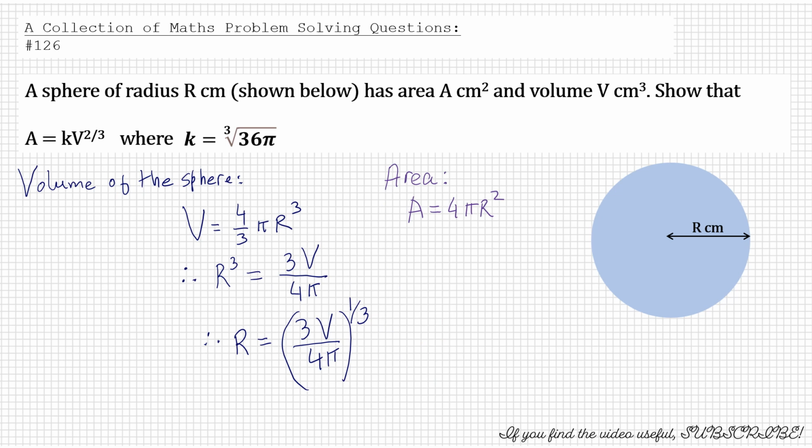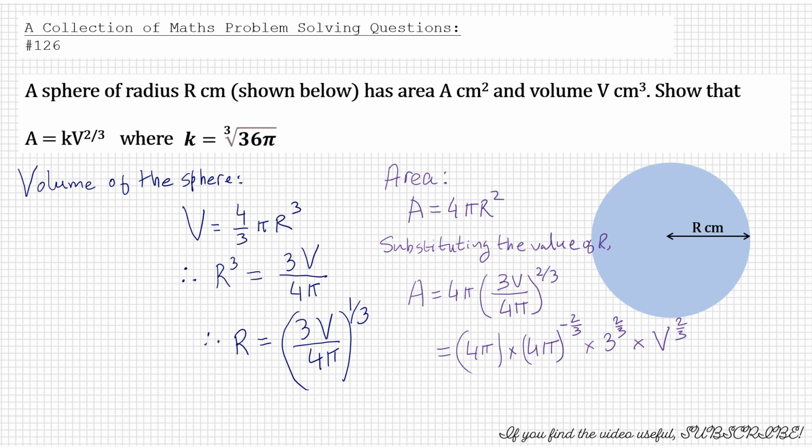So area is 4 pi r squared, and therefore substituting the value of r, we get a equals 4 pi multiplied by 3v divided by 4 pi to the power 2 out of 3, because here we have 1 out of 3 and here is r squared, so we are multiplying to get 2 out of 3.